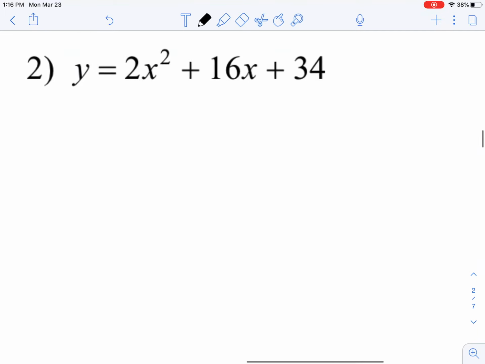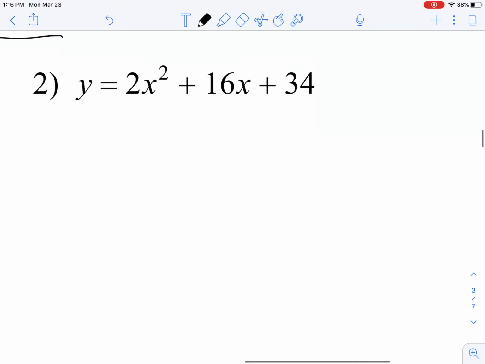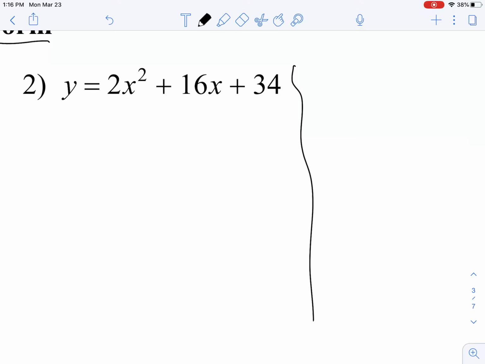Let's try it again over here for number 2. I'm going to, again, leave some space to find my second point. And in my workspace for my first point, I'm going to write my formula.